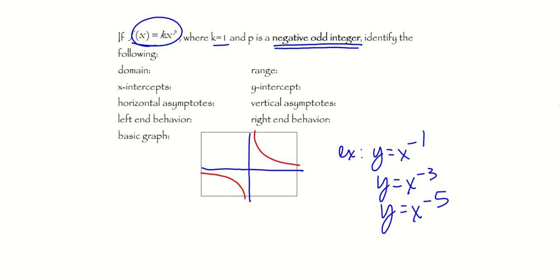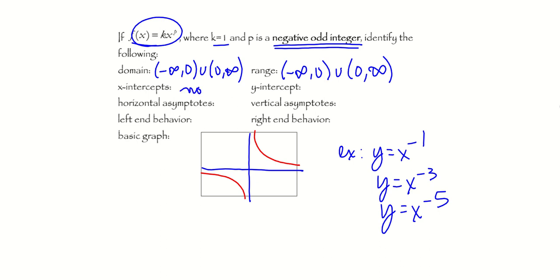So two pieces, where the domain would be from -infinity to 0 and then picking up with 0 to infinity. The range likewise, negative infinity to 0, and then 0 to positive infinity. There are no x-intercepts and there are no y-intercepts, but there is a horizontal asymptote at y equals 0, the x-axis, and a vertical asymptote at x equals 0, the y-axis.